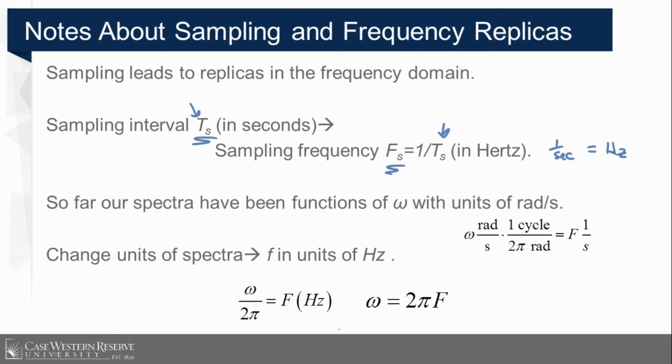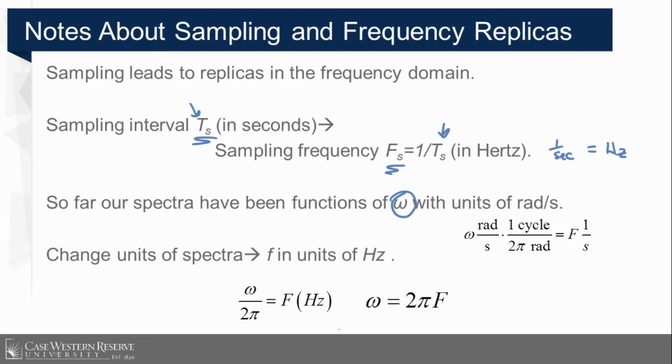All right. So far, our spectra have been functions of omega, which have units of radians per second. And so we're going to move to a slightly different set of units now when we look at our frequency spectra. And this will help us better understand where exactly our replicas lie with units that are a little bit more intuitive.